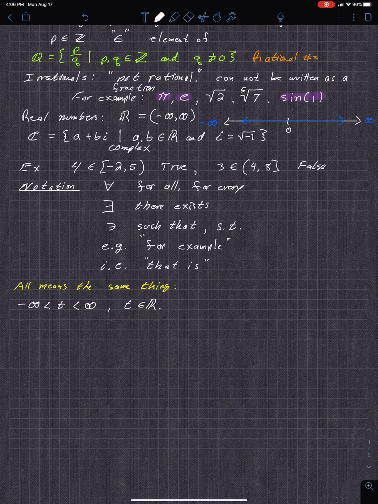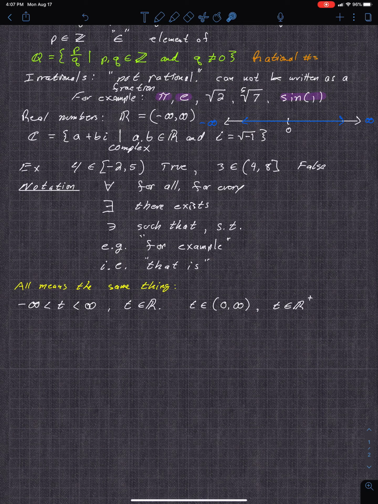Another notation would look like this. If I said t is an element of (0, infinity), then that's another way of writing t is an element of the positive reals. If you put the plus sign, that actually means that set, so not 0.